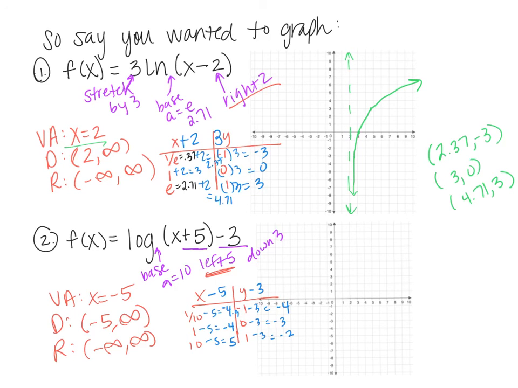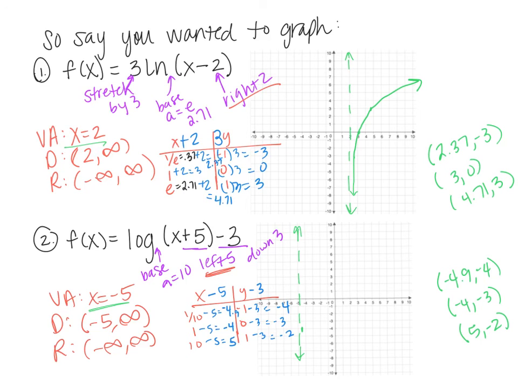So my ordered pairs that I'm going to graph are (-4.9, -4), (-4, -3), and (5, -2). Let's get our vertical asymptote going here at negative 5. Then I'm going to have my first ordered pair, (-4.9, -4), really close to that asymptote.